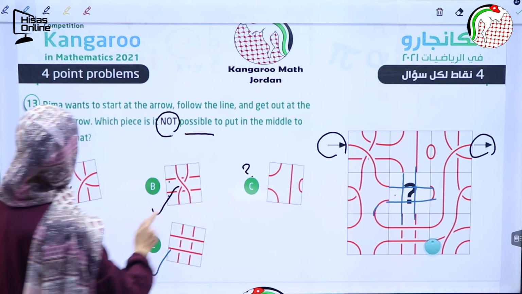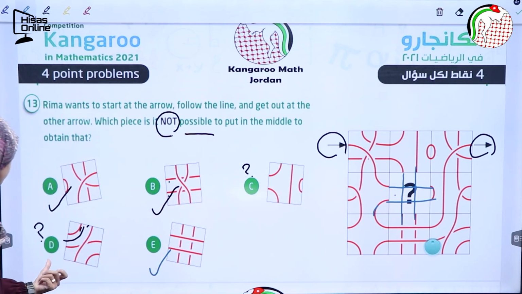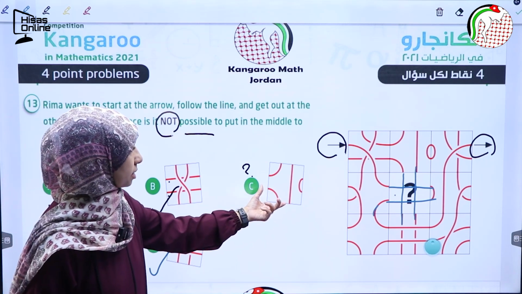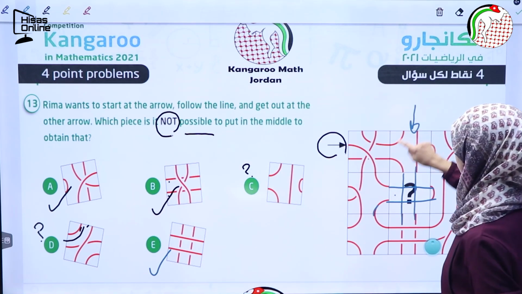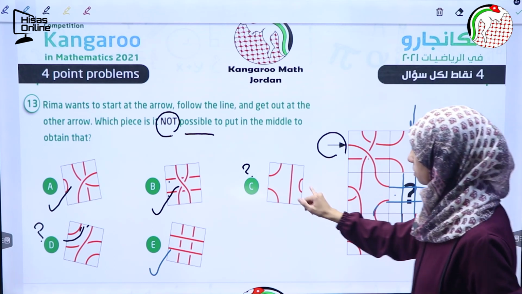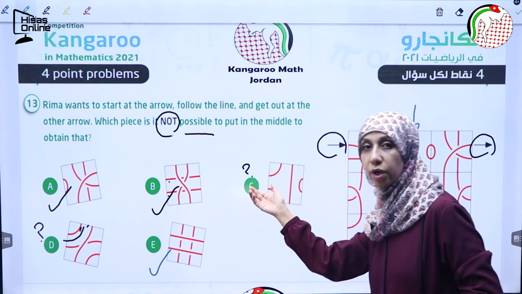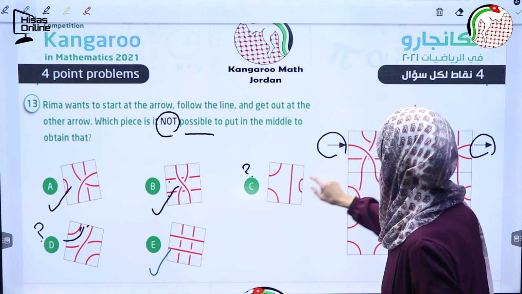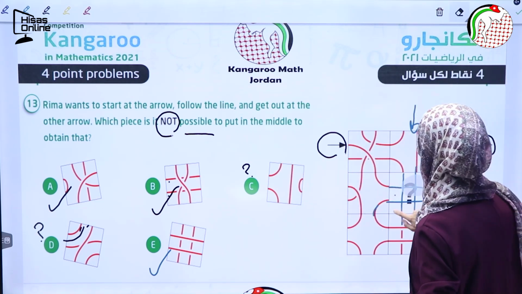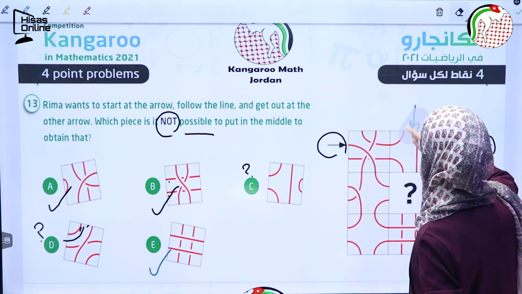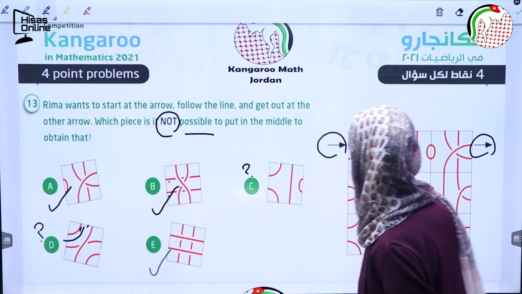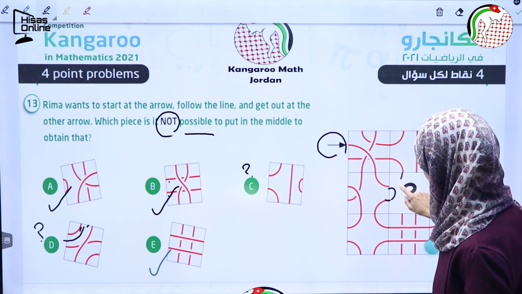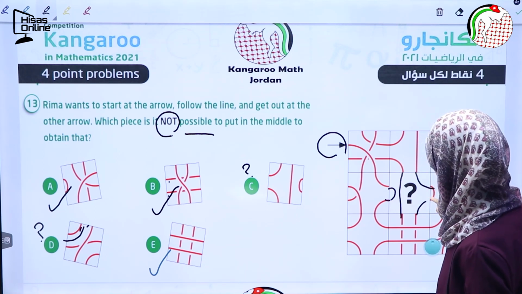Now, which one do I have to choose? C or D? This side here, I can see that this is repeated here. And I can see this in another way. I can flip it. That means if I flip C to the other side, I will have this here, the line here, here, and here.